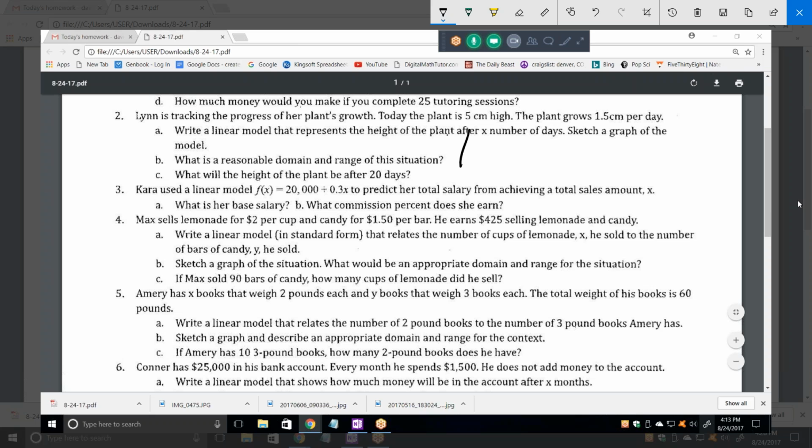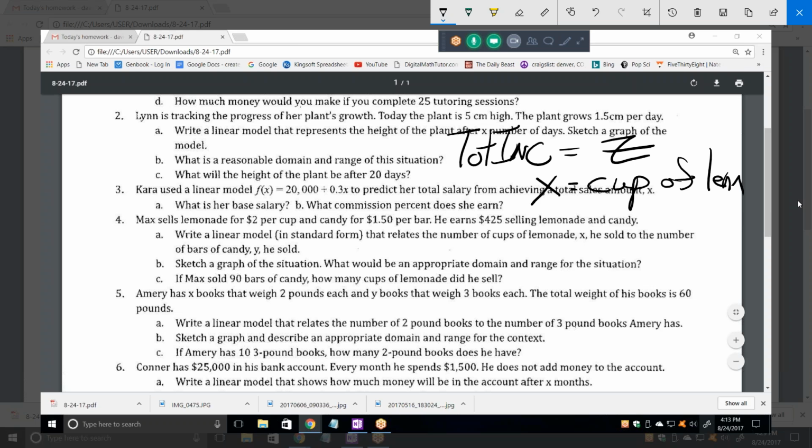The total income she's going to make, let's call that Z. And we're going to call X the number of cups of lemonade that she sells.